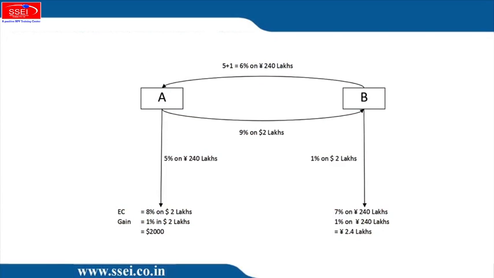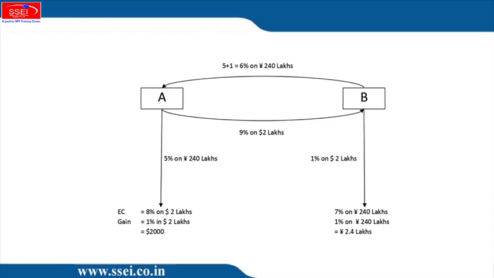Now B is paying to A 5 plus 1, that is 6% on yen 240 lakhs, while A is paying to B 9% on dollars 2 lakh. Perfect. So effective cost of A comes to what? Effective cost of A comes to 8% on dollars 2 lakh, while effective cost of B comes to 7% on yen 240 lakhs.